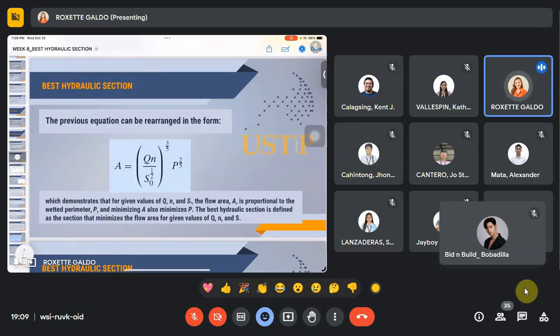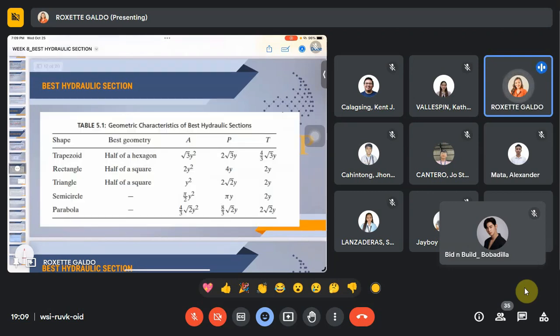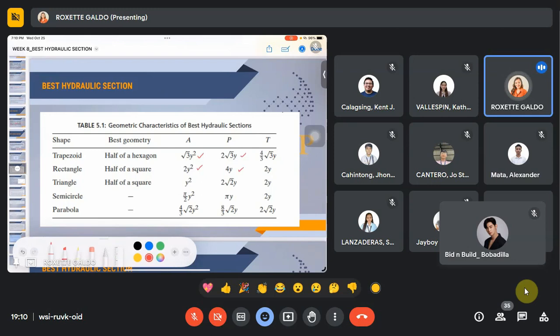So the previous equation can be rearranged into this one, still Manning's equation. Okay, if you are trying to solve for the area. Okay. So sa una, sa hydraulics, it was the case, I don't know with your case, we were asked to solve for the proportioning of the dimensions of each of the hydraulic section. But this time, we are no longer going to perform that one.